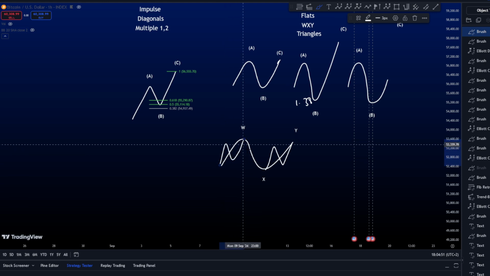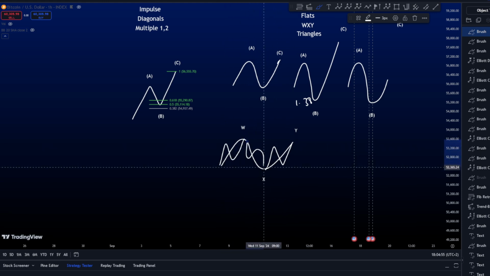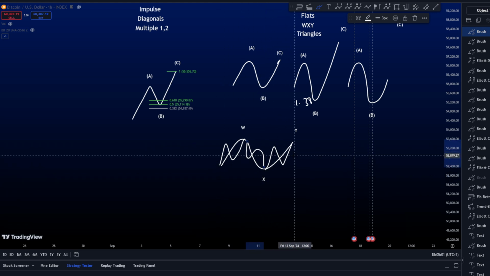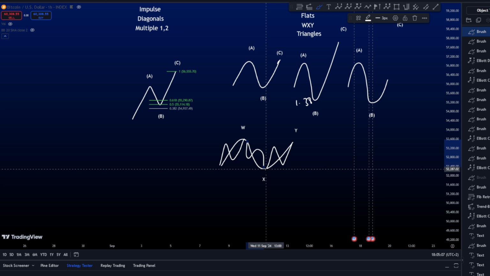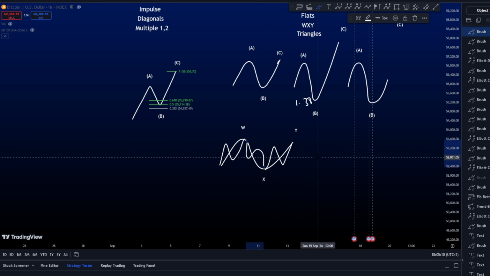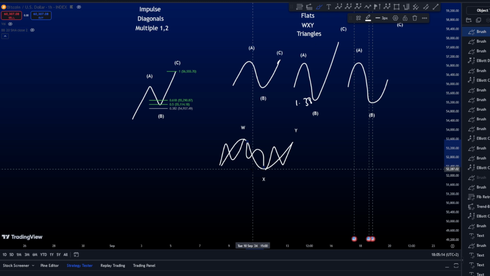Let's say 3 waves up, 3 waves here, and then a flat or a regular flat for X, and then finishing this wave Y with a zigzag. So you have a WXY complex structure having a zigzag for W, a flat for X, and a zigzag for Y again. And we call this, of course, a double zigzag WXY.